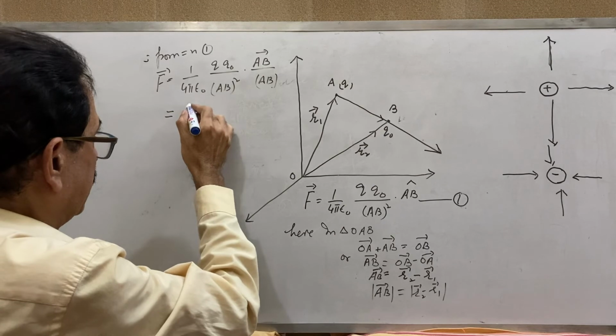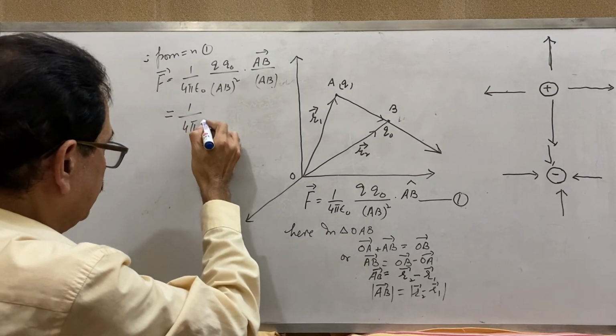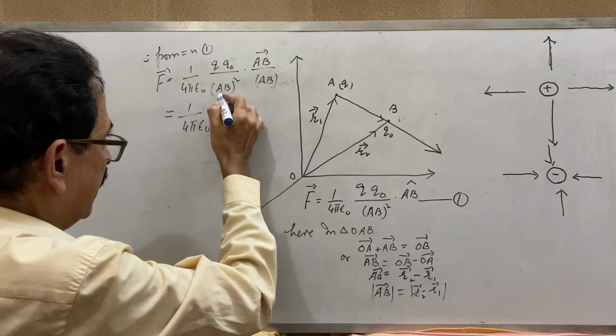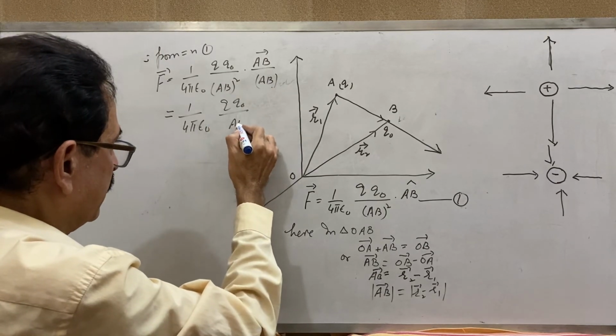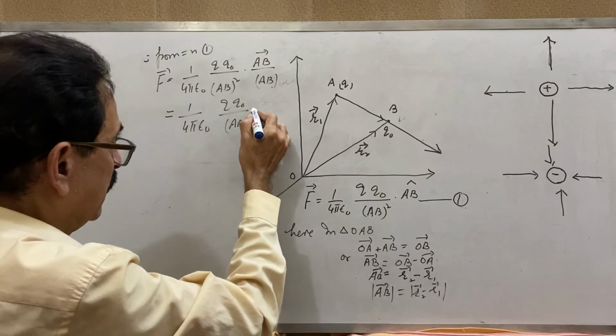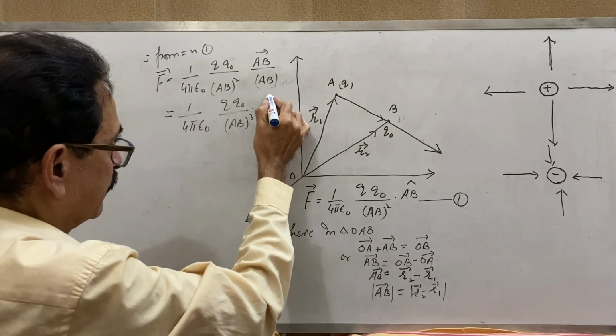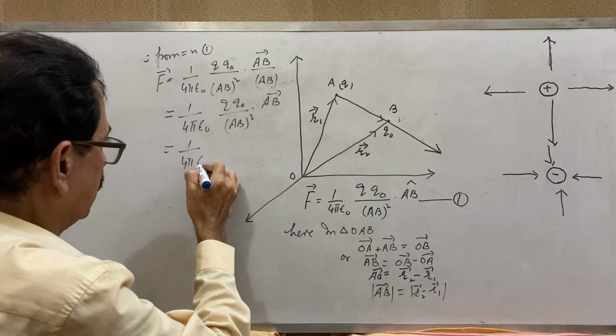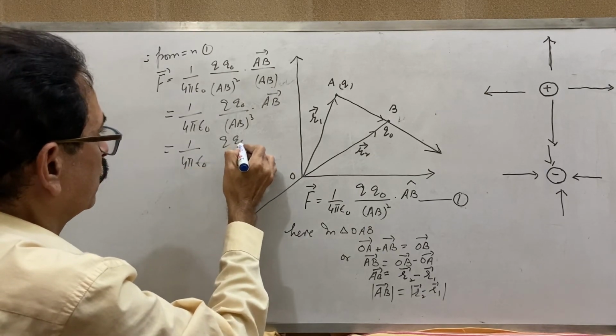This can be written equal to 1 upon 4 pi epsilon naught Q Q naught divided by AB magnitude square becomes AB square cube into AB vector, or 1 upon 4 pi epsilon naught Q Q naught.